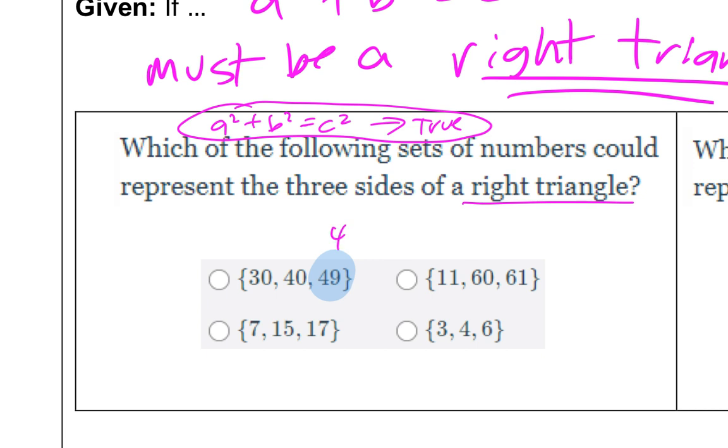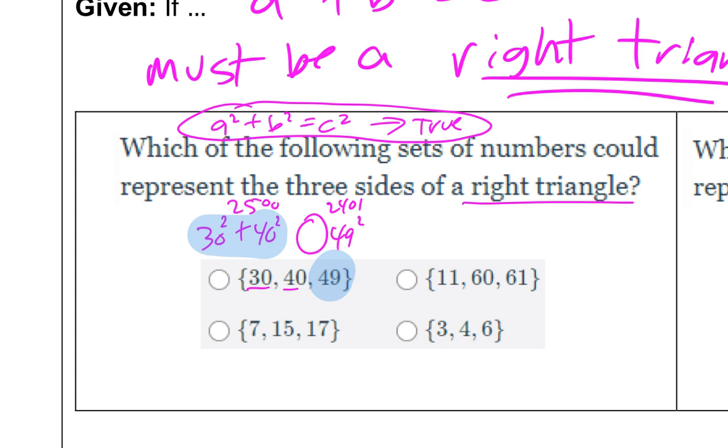So I'm going to say 49 squared, and I'm going to compare that to these two: 30 squared plus 40 squared. I'm going to put that in my calculator. 49 squared gives me 2401. 30 squared plus 40 squared gives me 2500.